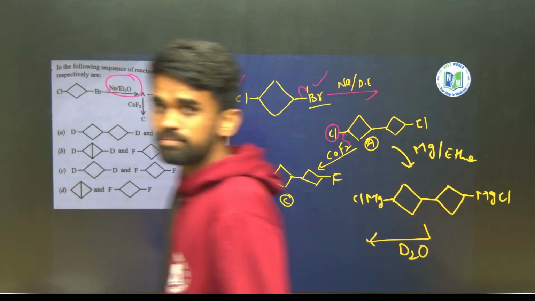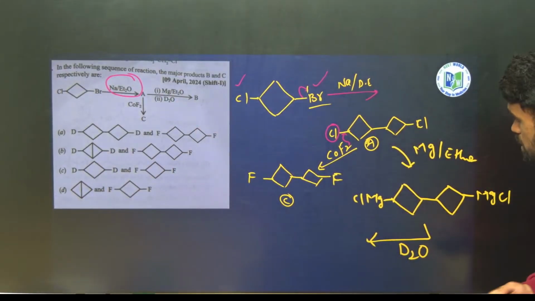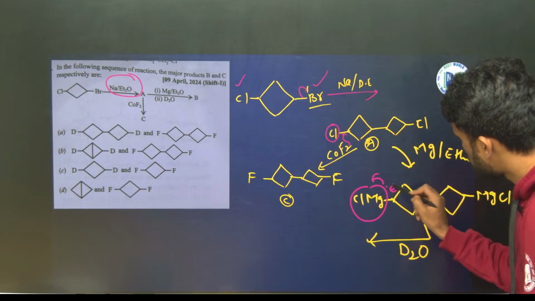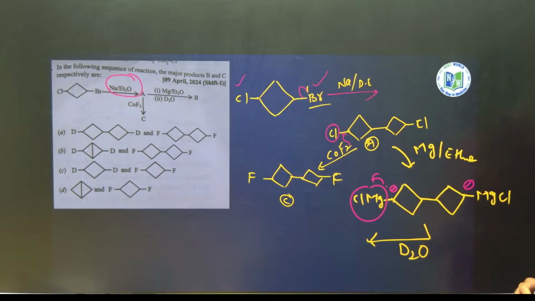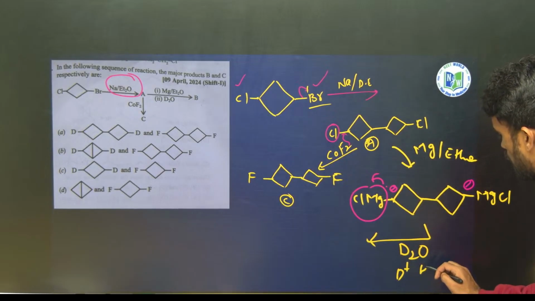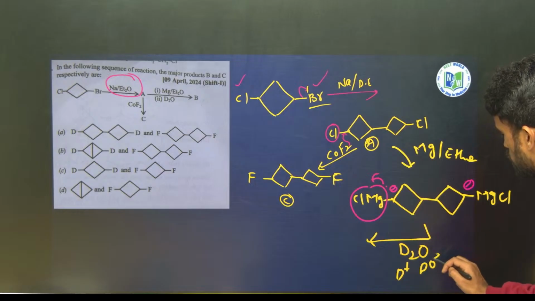Okay. Now look at here. So what happens? This Grignard reagent goes out, creating negative charge on the carbons right now. So from this D2O we have D plus and OD minus right now.